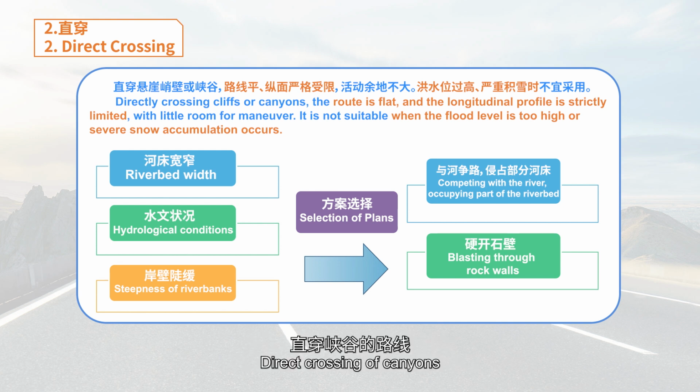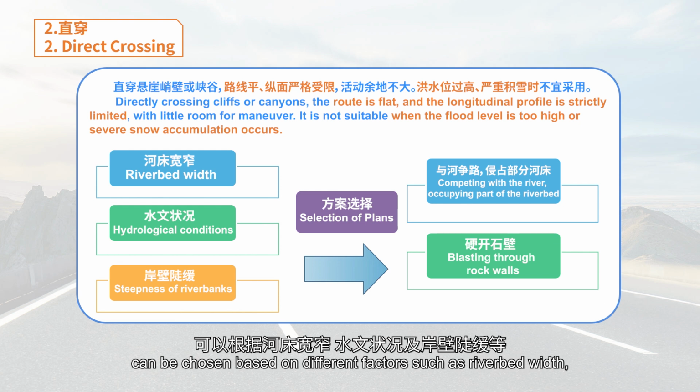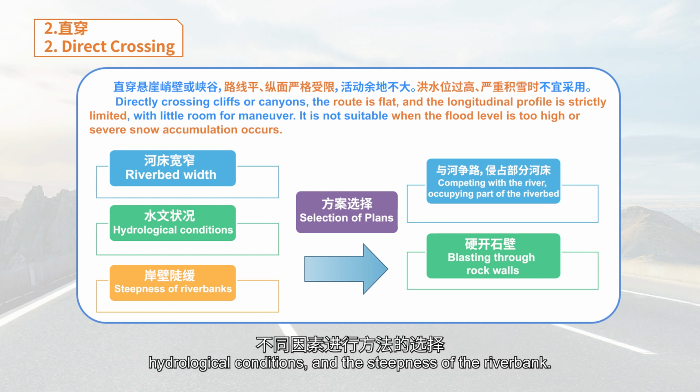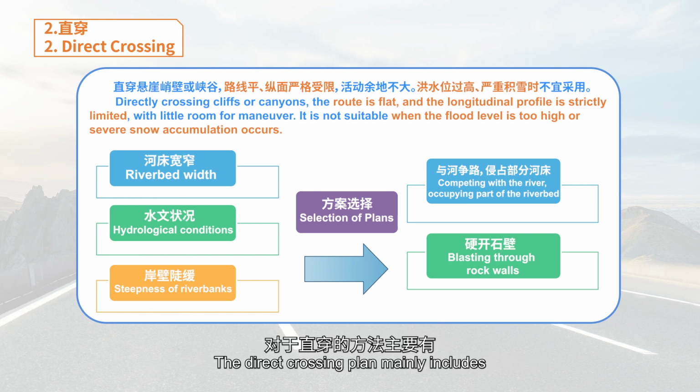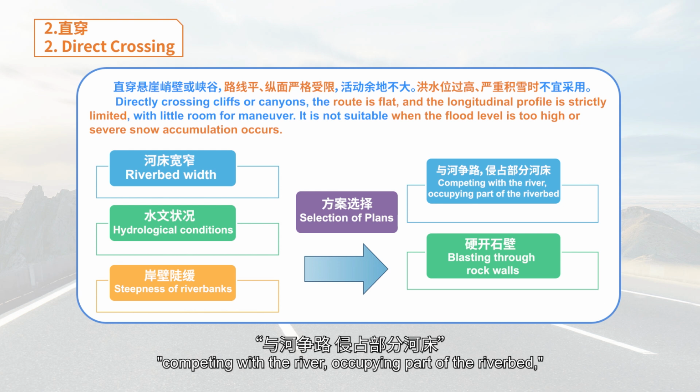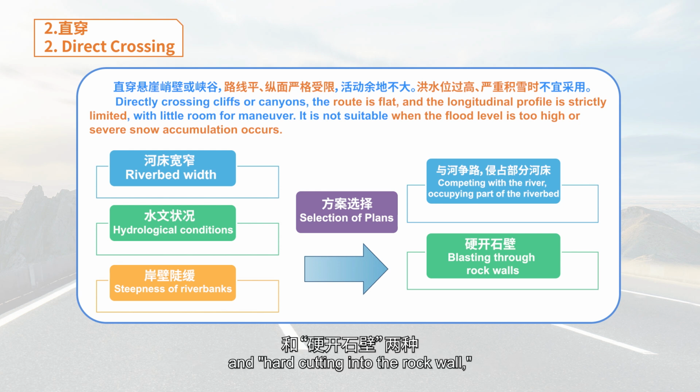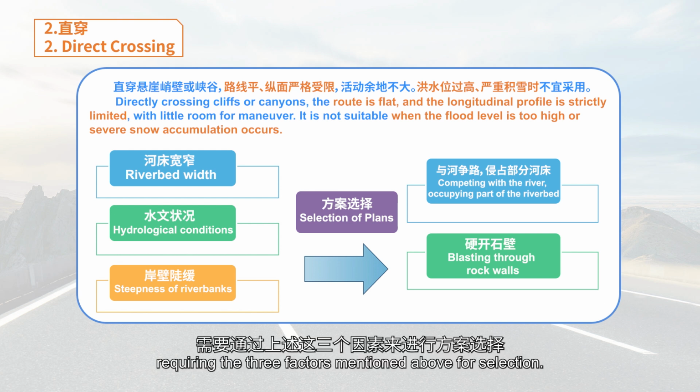Direct crossing of canyons can be chosen based on different factors such as riverbed width, hydrological conditions, and the steepness of the riverbank. The direct crossing plan mainly includes competing with the river, occupying part of the riverbed, and hard cutting into the rock wall, requiring the 3 factors mentioned above for selection.